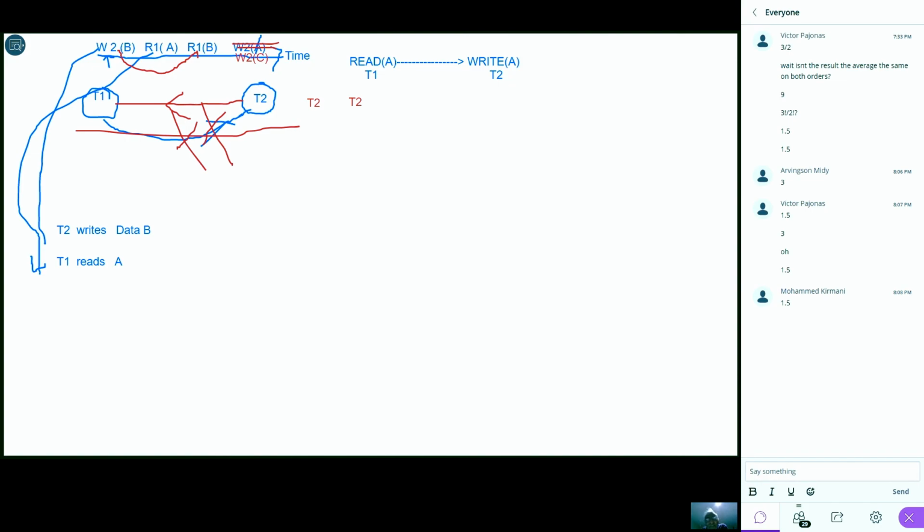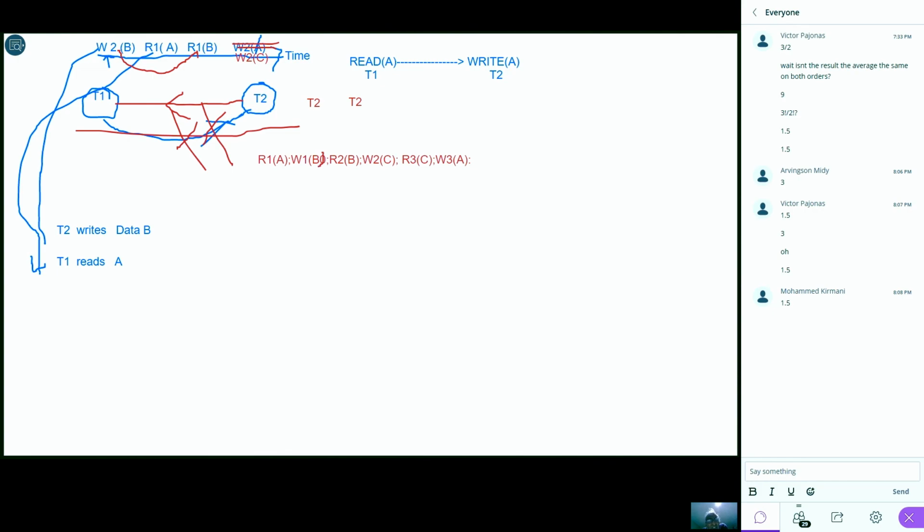Question number 2, examples. Let's see what's happening here. Now, how many transactions are here? This is supposed to be closed here.